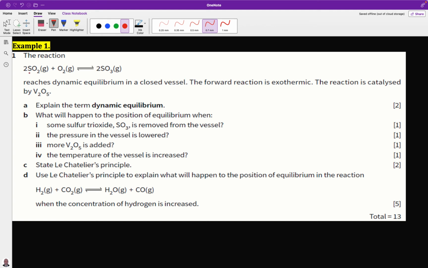So if we increase the temperature, more of the sulfur trioxide is going to be decomposed to sulfur dioxide and oxygen, therefore shifting the equilibrium from right to left.